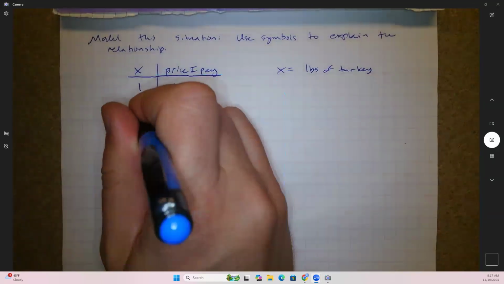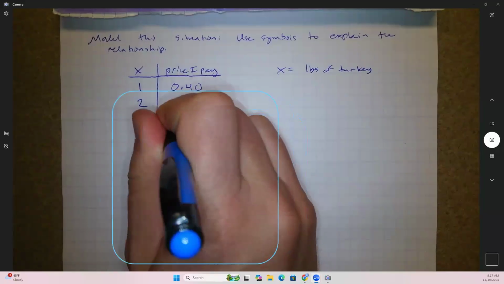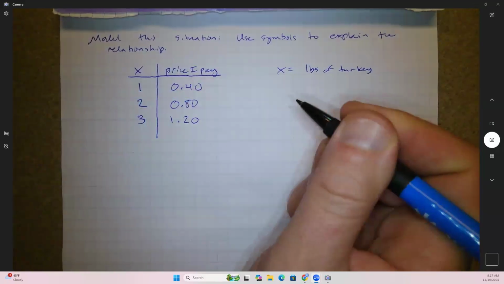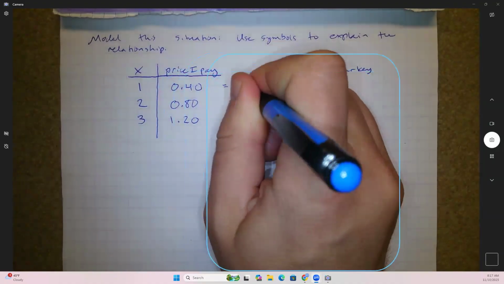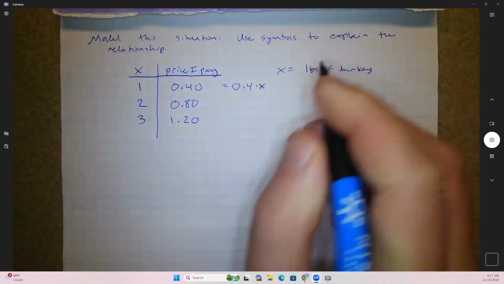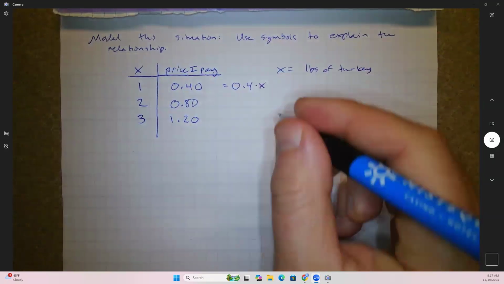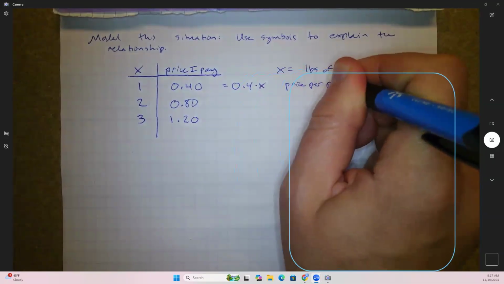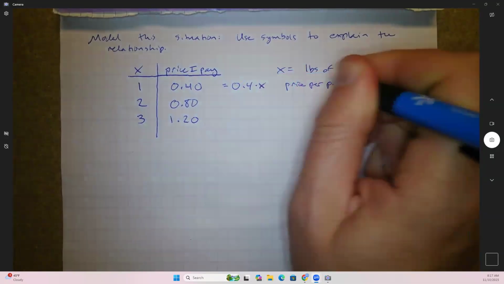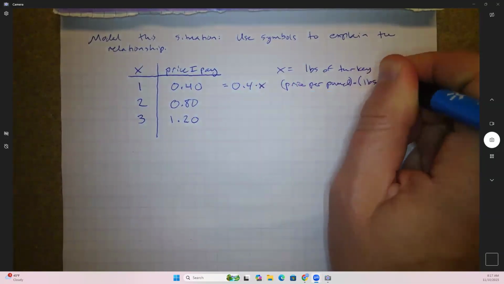If it weighs 3 pounds, I'm going to spend $1.20. And I notice, oh, this is 0.4 times X, right? It's the price per pound times the number of pounds. Price per pound times the pounds.